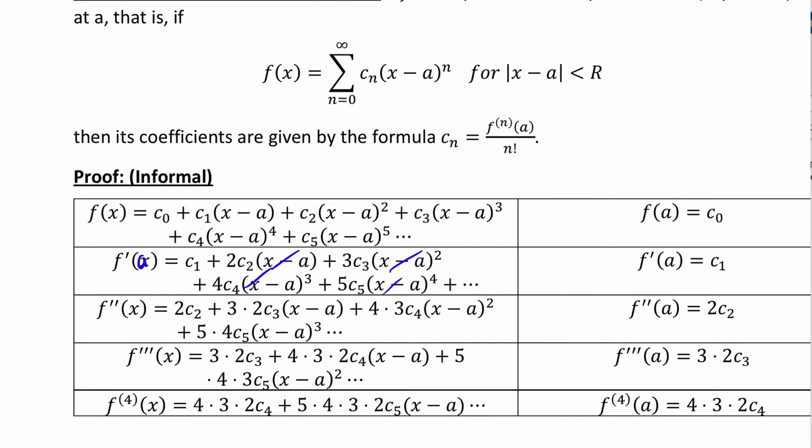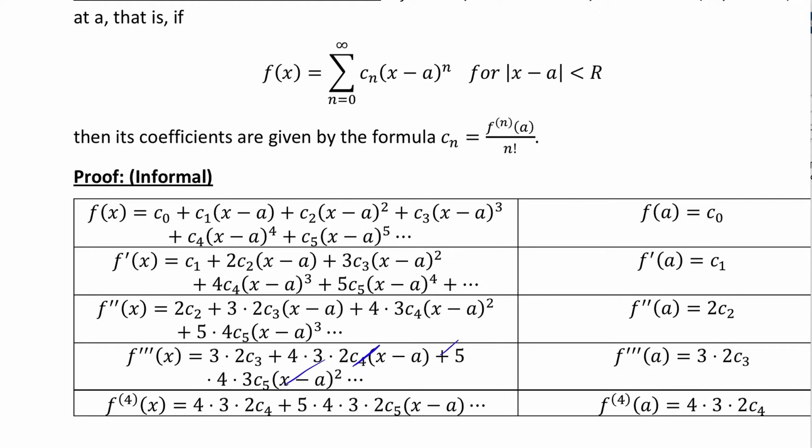Now, it's not enough to see the pattern, so let's do one more. If you take the second derivative, and you plug in a, then again, everything with a in it goes away. So you get that 2c2 is equal to f double prime of a. If you take the third derivative, and you plug in a again, then everything with a goes away.